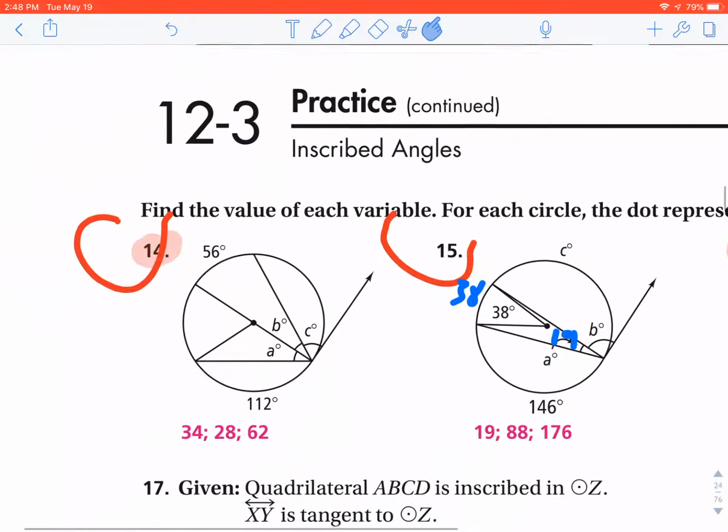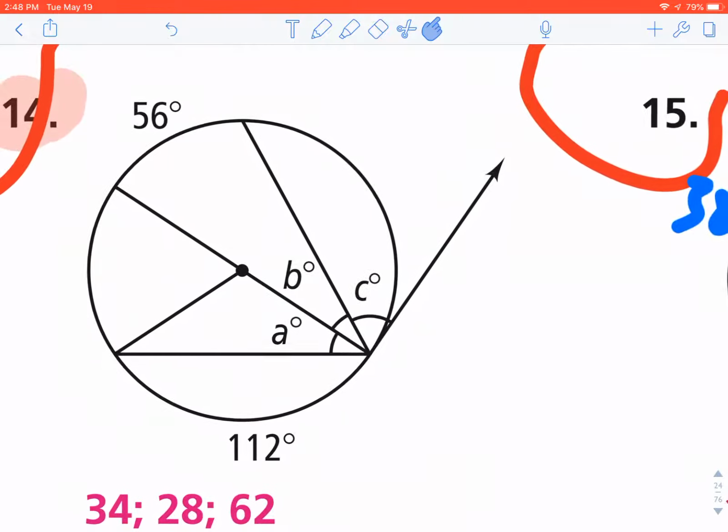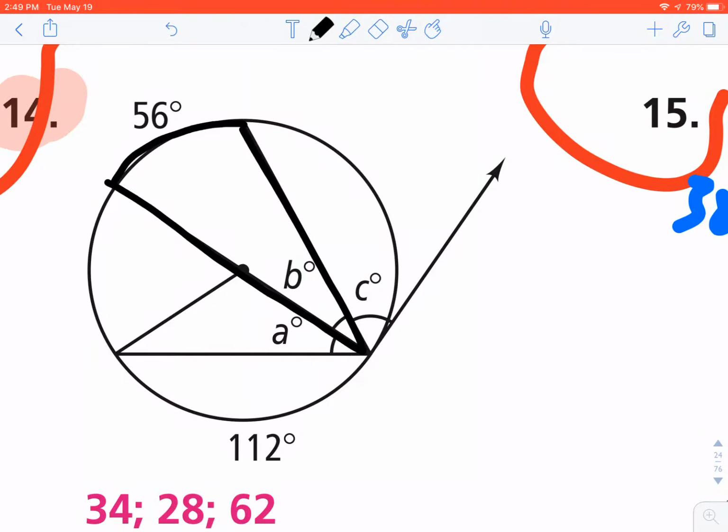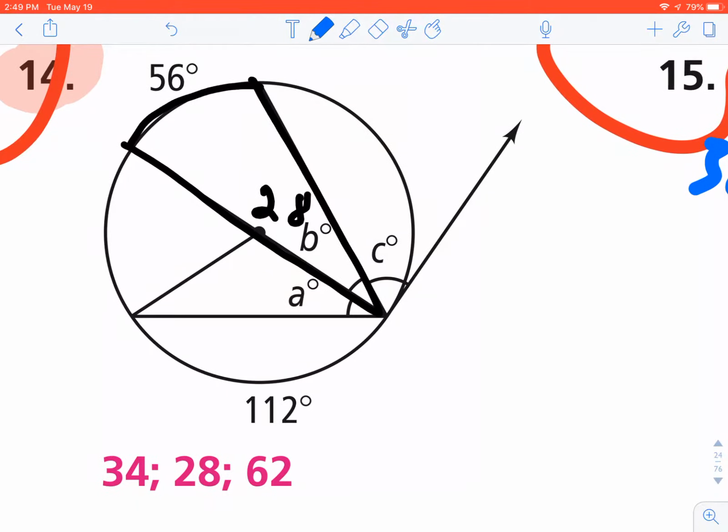Number 14. So again, where would I start? Well, I look at this and I see right away that arc measurement is 56, and that's creating the angle that is B. So if I take 1/2 of 56, I know that's 28 degrees. Okay, so again, probably black was the worst choice here.